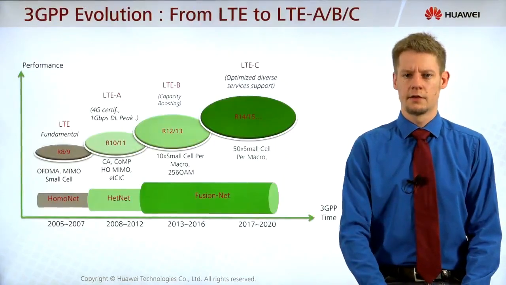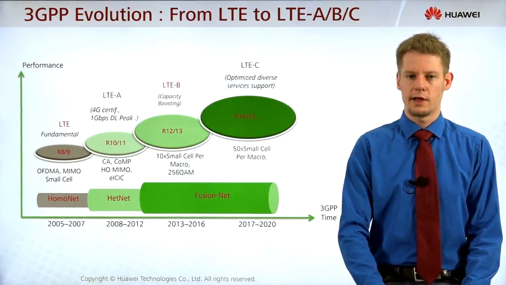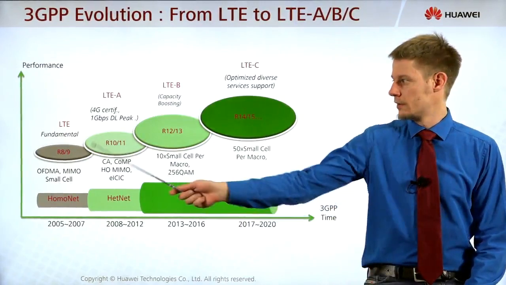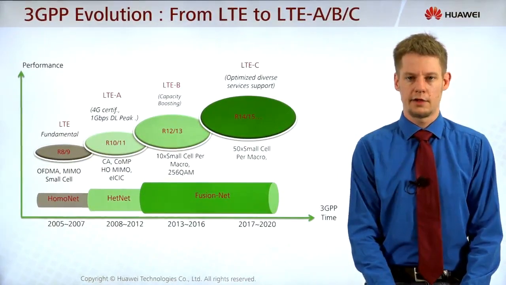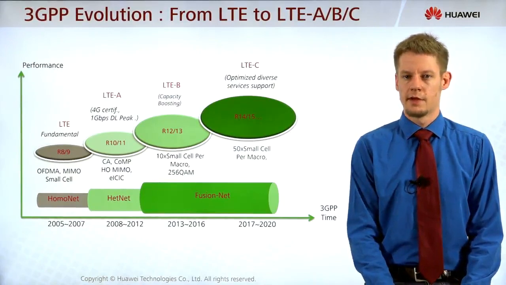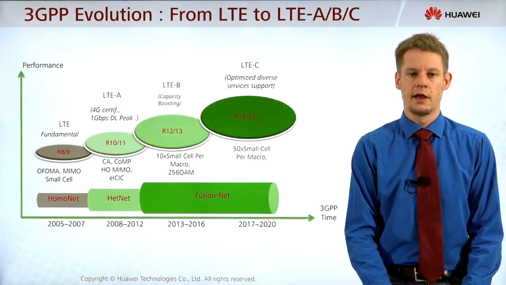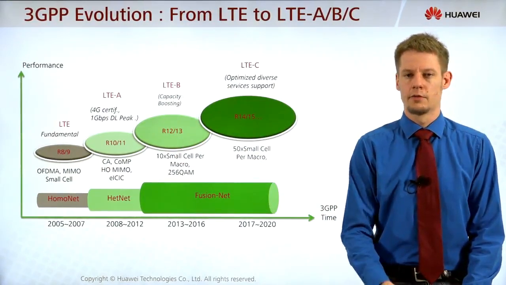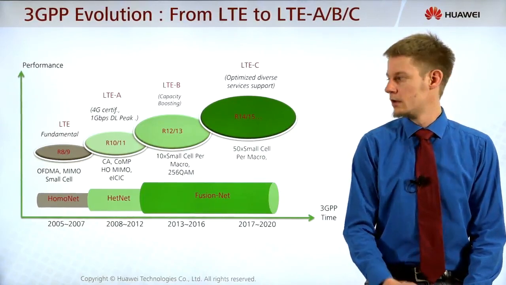Also, LTE evolved over time. So in the beginning, LTE was only made up by so-called macro cells. This means quite large cells interworking with each other. Then there were also raised so-called LTE A, B, and C. A is already raised. So for example, in the Huawei system, here was a 500% higher cell edge throughput possible.